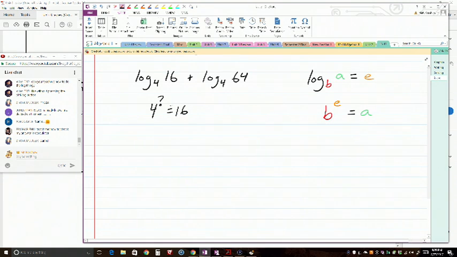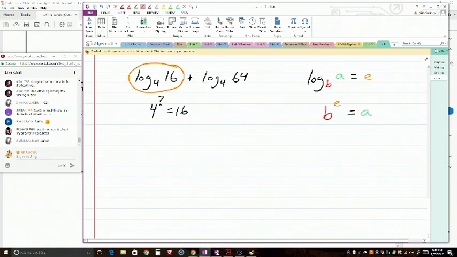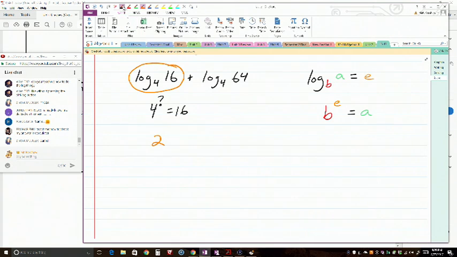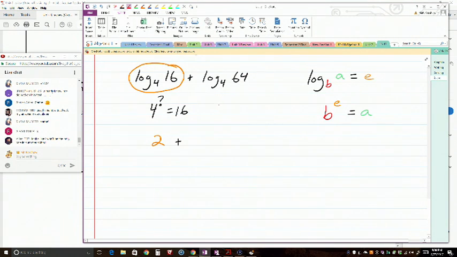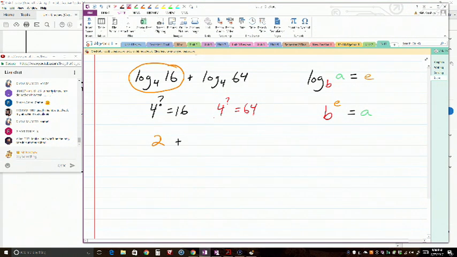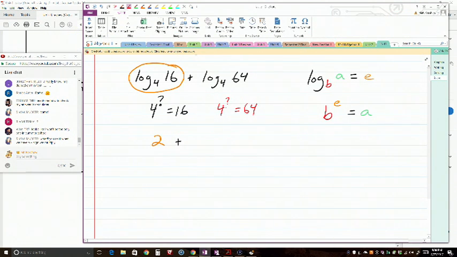So 4 to what power is 16? So this is really 2. Four to what power is 64? That's 4 to the third. And so this is really 3, 5.